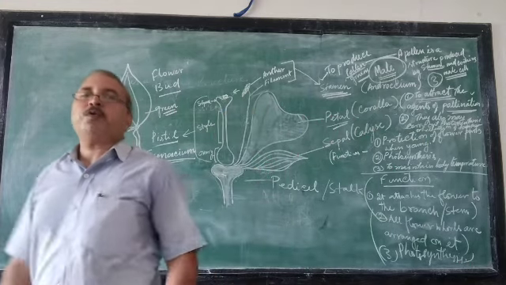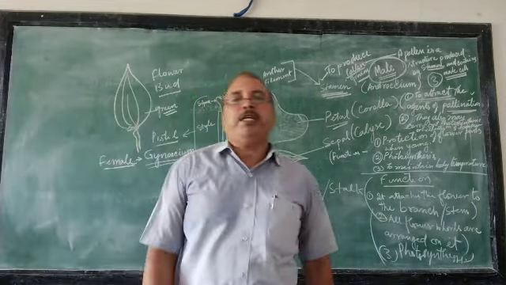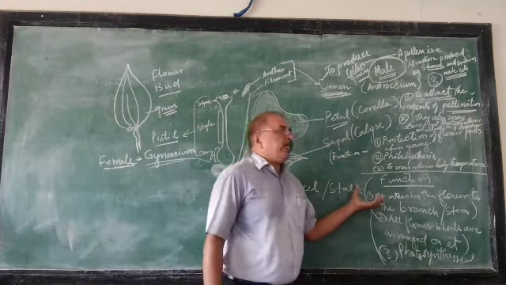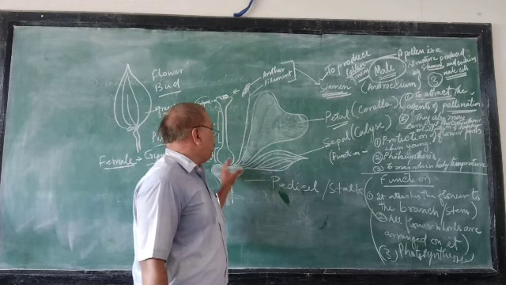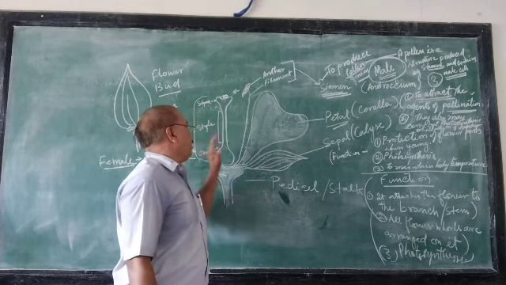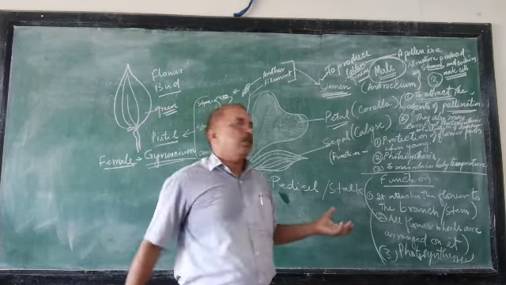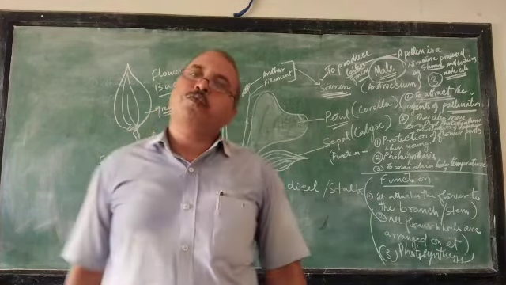You should not confuse that only leaves carry out photosynthesis, that is making of food; all the green parts of the plant may carry it out. So the pedicel's function is it attaches the flower to the branch or stem. Second, all these sepals, petals, stamen and pistil are arranged on this. And the third thing, being green in color, it helps in the process of photosynthesis.